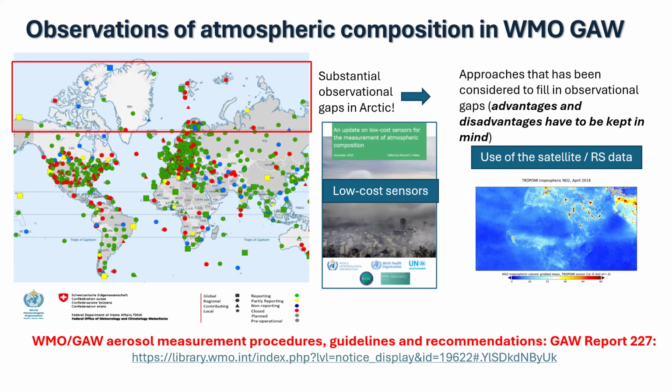For example, low-cost sensors, which are very much supported by WMO as an additional source of information, do not meet the full requirements of a full-scale GAW station. But from the other side, GAW is now extended in different ways, not only in situ stations, because there are global stations, regional stations, and now a new type, local in situ stations. Additionally, it could also use satellite and different types of remote sensing data.